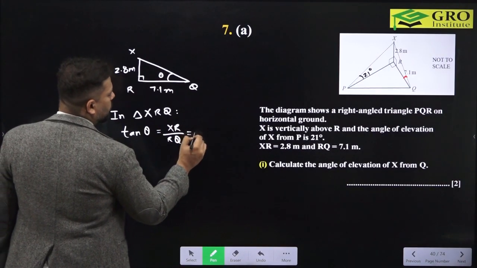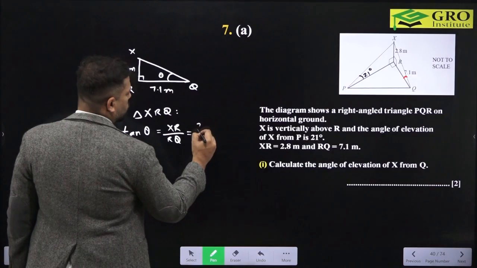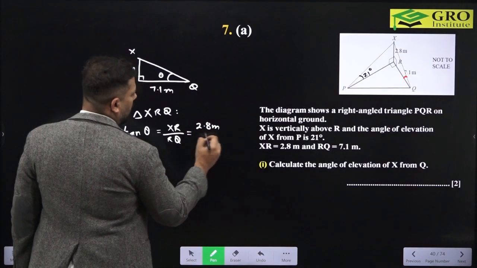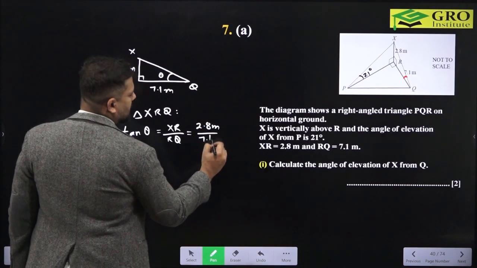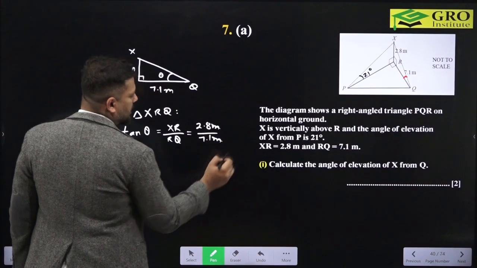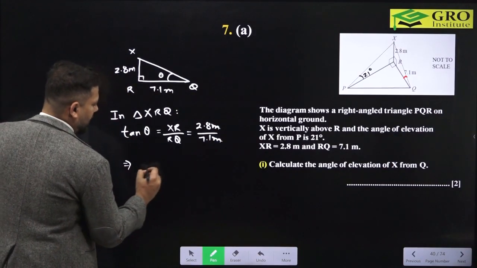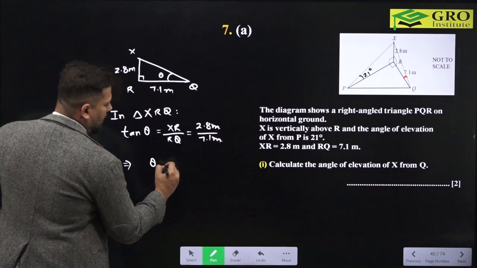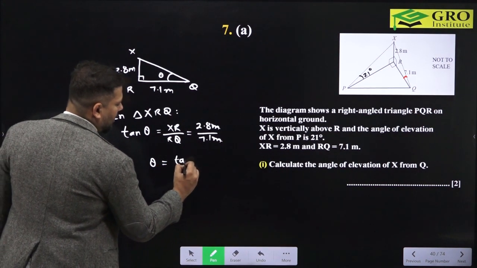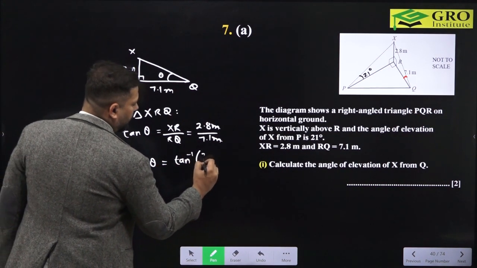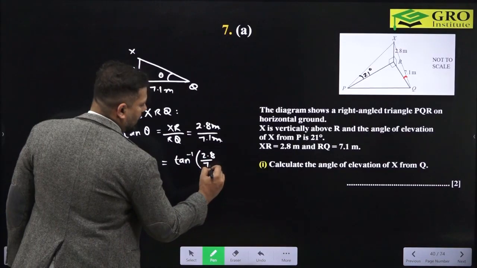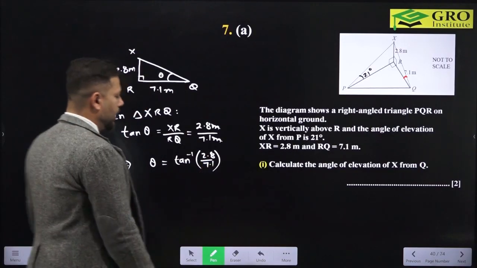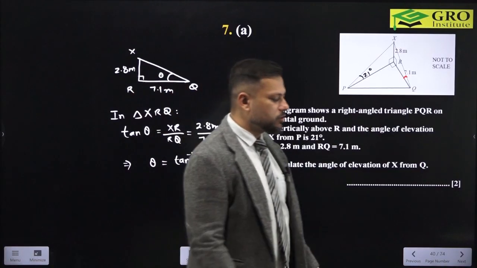When I substitute the values, XR is 2.8 meters while RQ is 7.1 meters. The meters cancel out. So theta becomes tan inverse of 2.8 upon 7.1. We just need to find the tan inverse of this value.